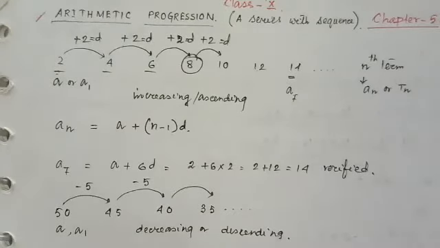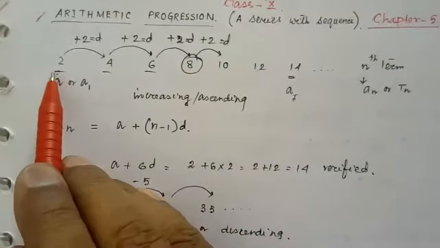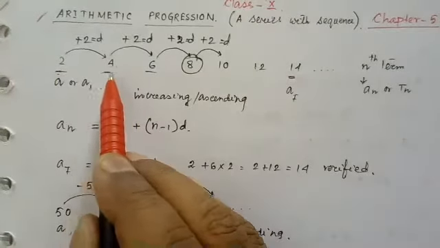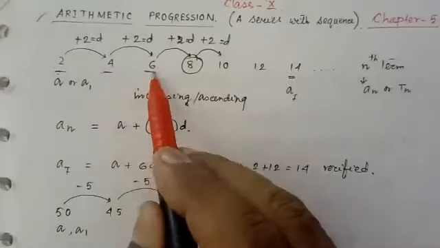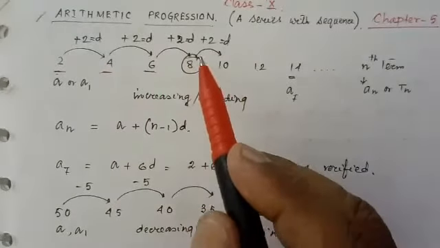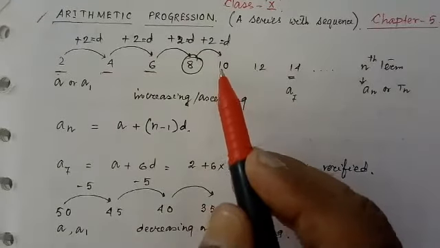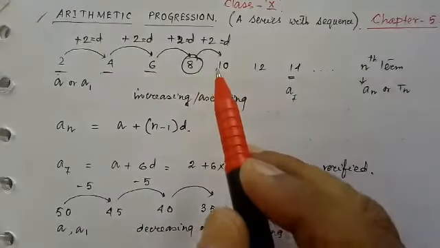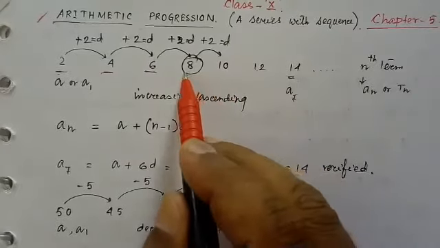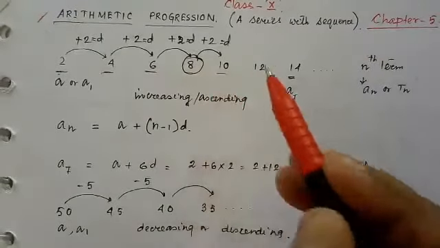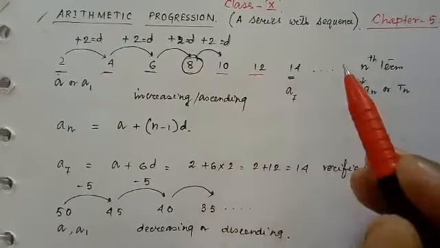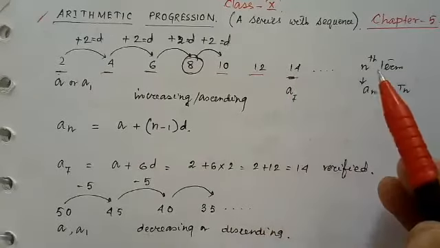First I am writing one sequence. First I have written 2, then 4, then 6. If I ask anybody what will be the next number, everybody can give the answer. It will be 8, next 10, next 12, then 14.